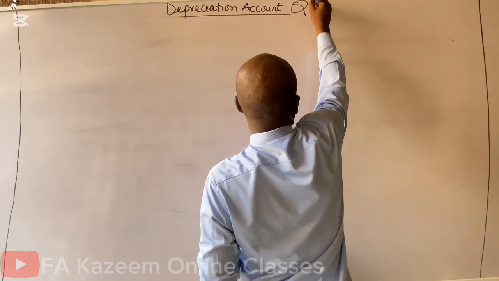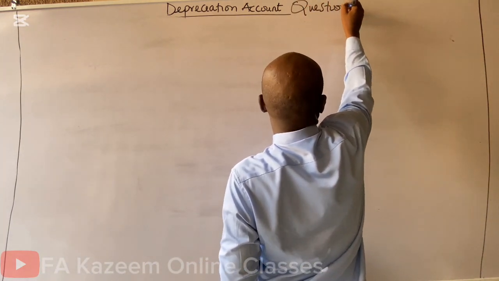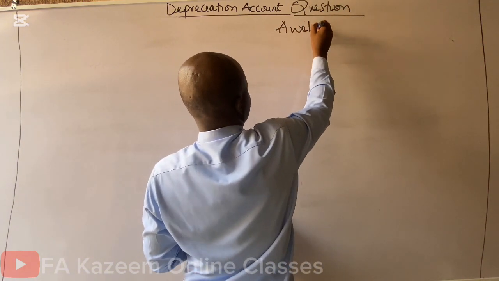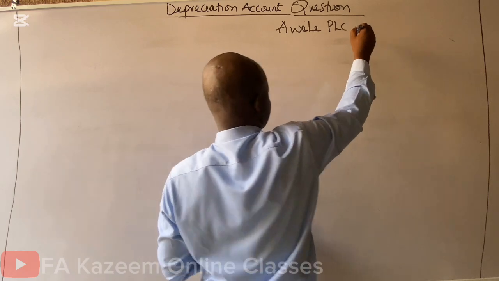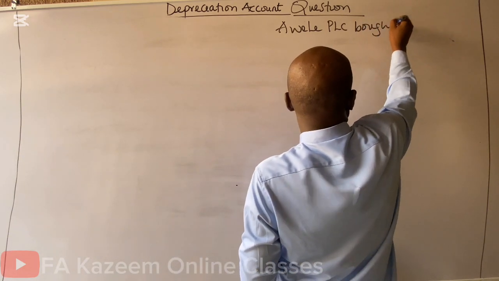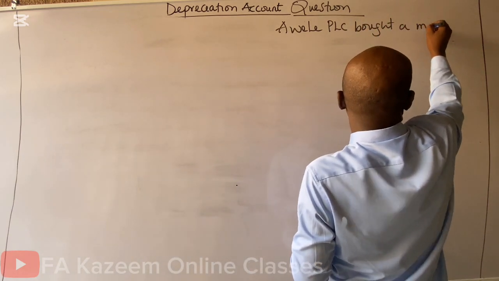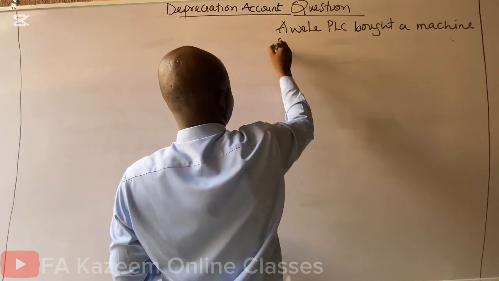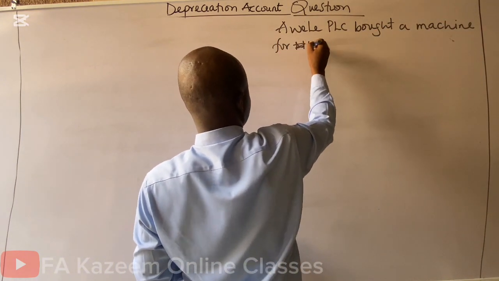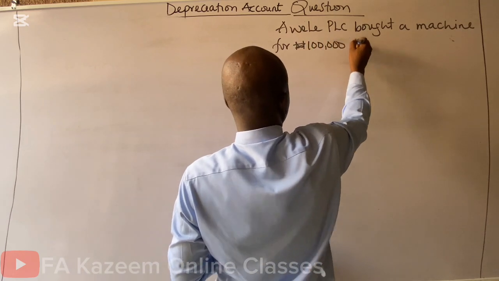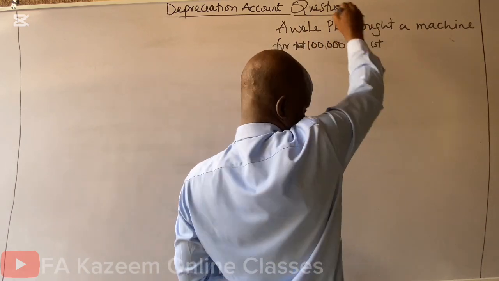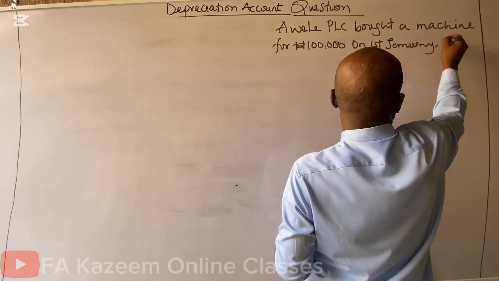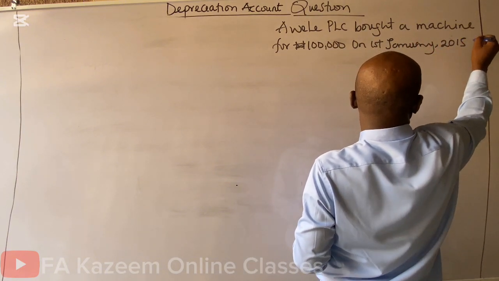Question: Awele PLC bought a machine for 100,000 naira on 1st January 2015.